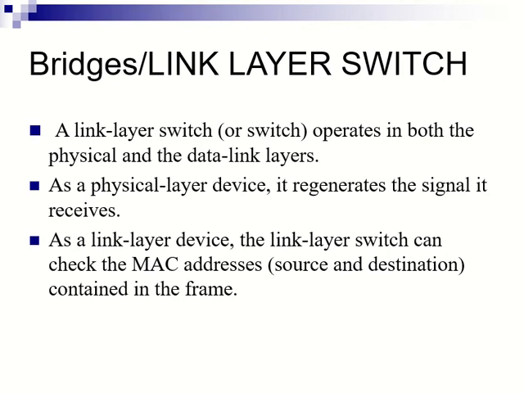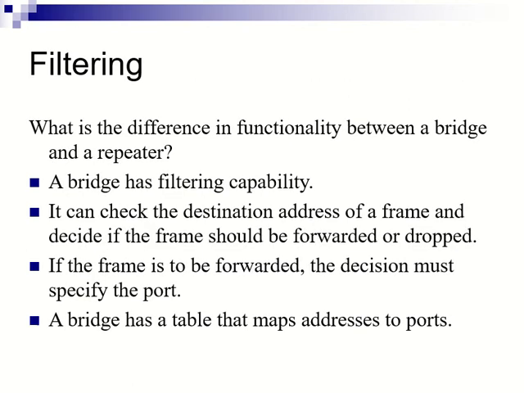Next one is the link layer switch or bridge. Link layer switches operate both in the physical layer as well as in the data link layer. In the physical layer, it regenerates the signal as it receives, and as a data link layer device, the switch will check the MAC address contained in the frame. Let us see the difference in functionality of a bridge and a repeater.